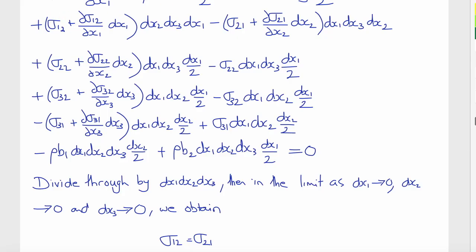So it leaves us with sigma 1,2 minus sigma 2,1 equals 0. Or sigma 1,2 equals sigma 2,1.